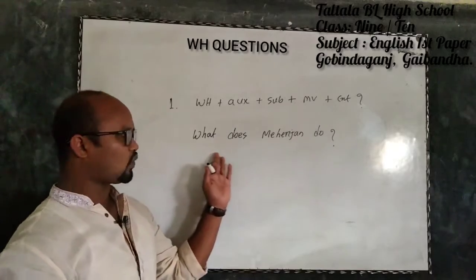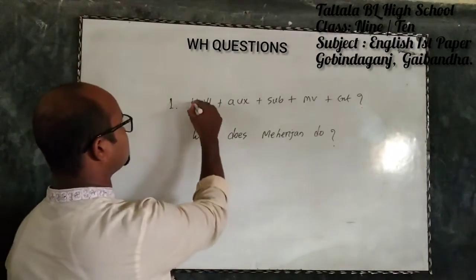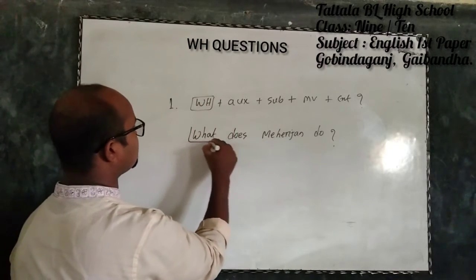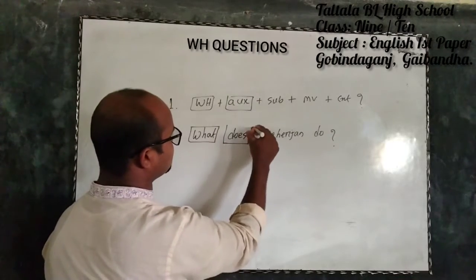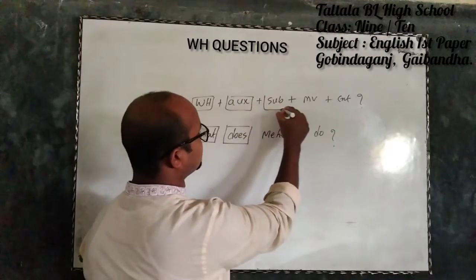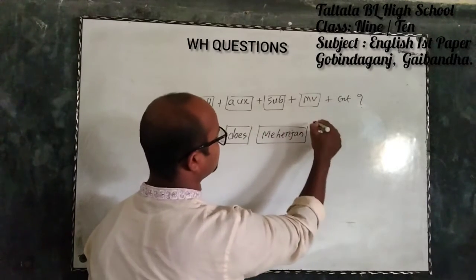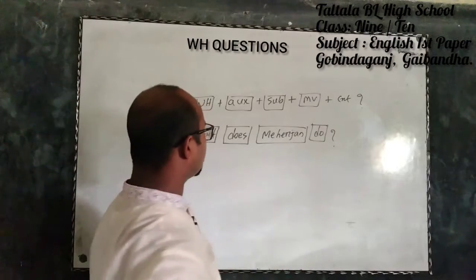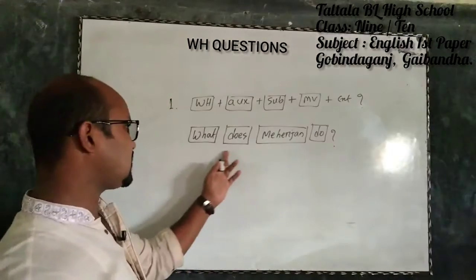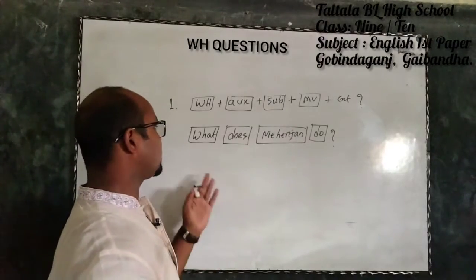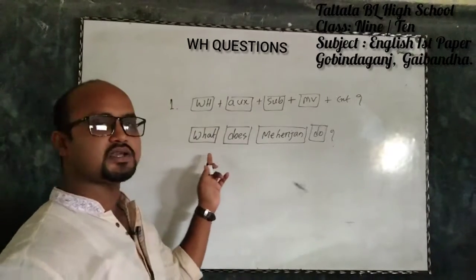My question is, what does Meherjan do? Here, WH is what, auxiliary is does, subject is Meherjan, main verb is do. There is no extension, so I haven't written here. What does Meherjan do? The Bengali meaning of the sentence will be Meherjan ki kore.